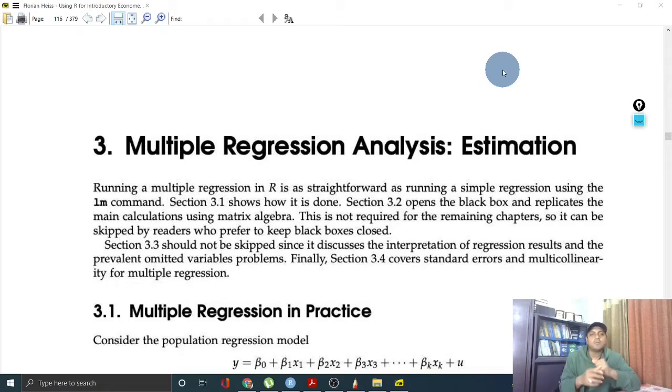I recommend you type this R syntax in your R Studio so that you can practice R and at the same time learn econometrics slowly and gradually. And remember, my dear learners, this is an introductory econometrics class, so of course we are not going to go deep into the matter. We will go slowly and gradually in the upcoming videos.